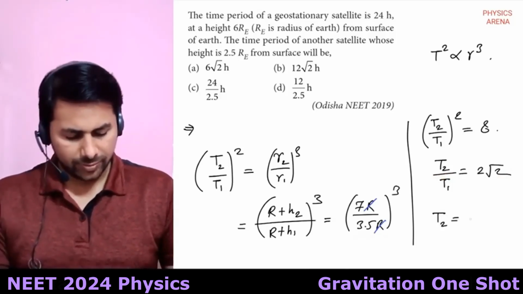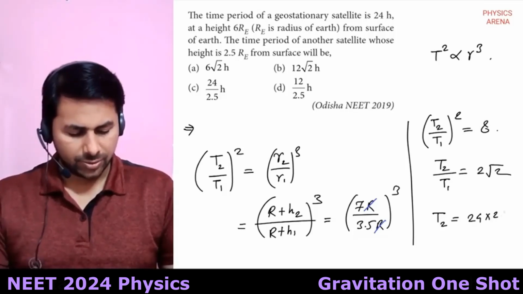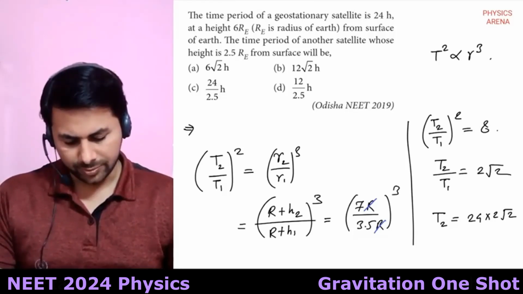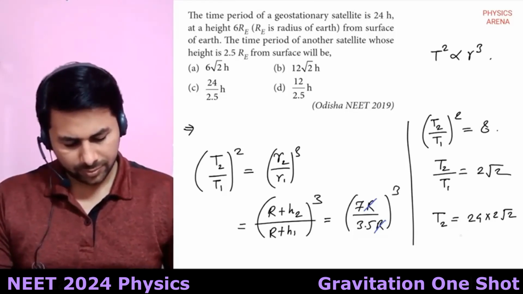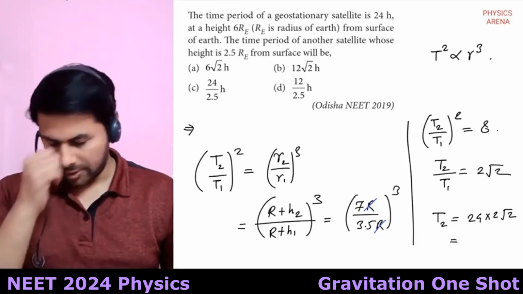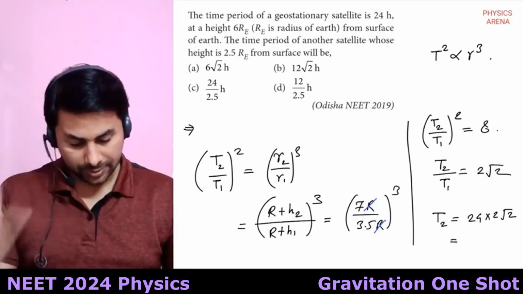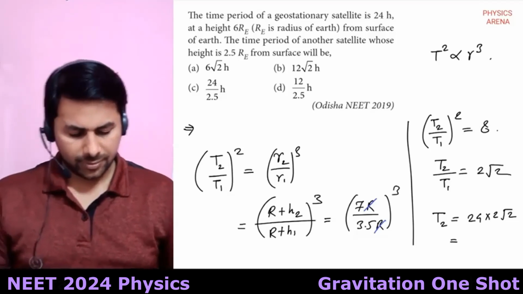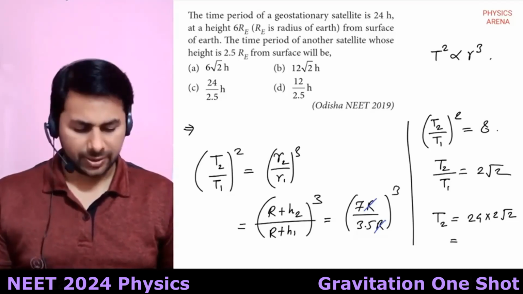So T2 is equal to 24 times 2 root 2, or 48 root 2. Oh, did we make some mistake? We did it the opposite way, right?